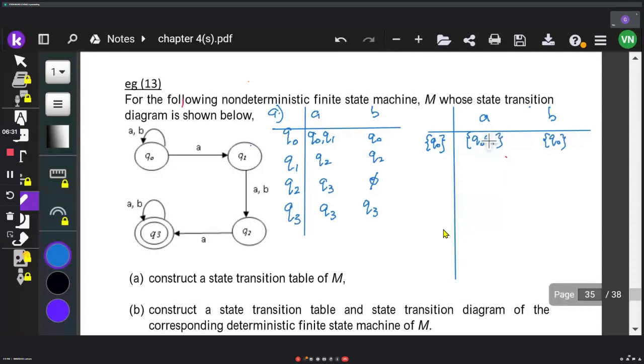Now Q0, Q1 is the next state, so you continue here. For Q0, Q1 with input A, you need to combine these two, so you will have Q0, Q1, Q2. And for B, you have Q0 and Q2 here.